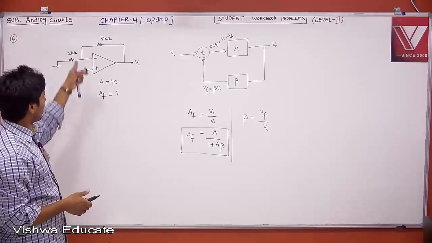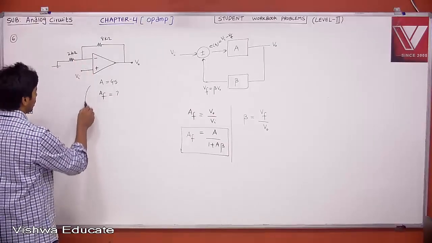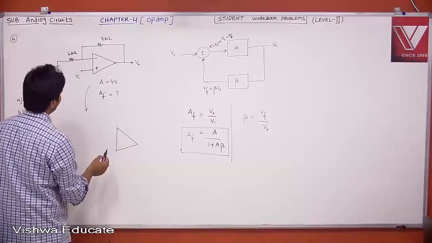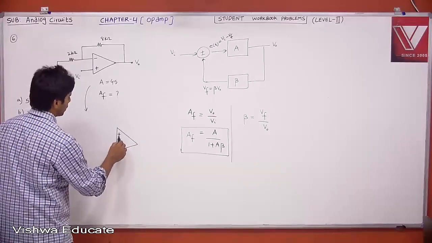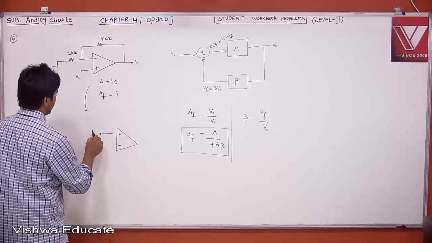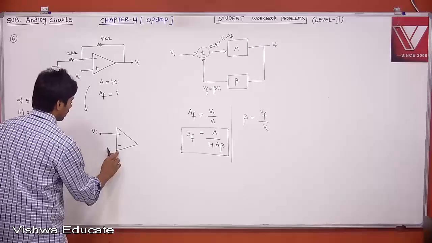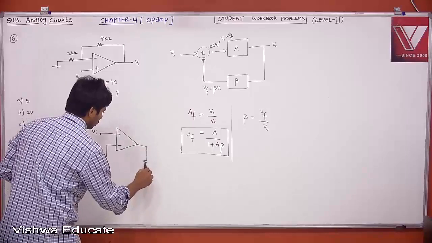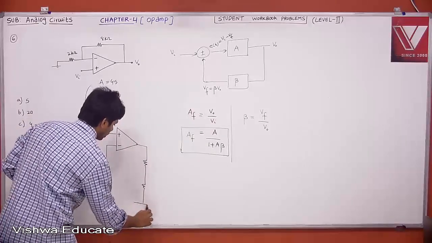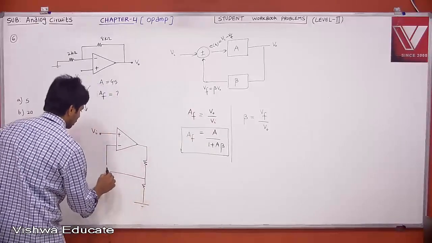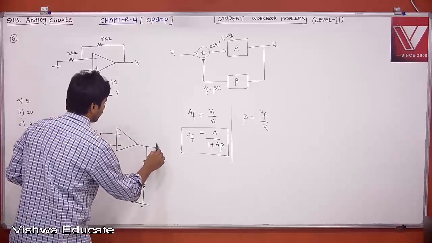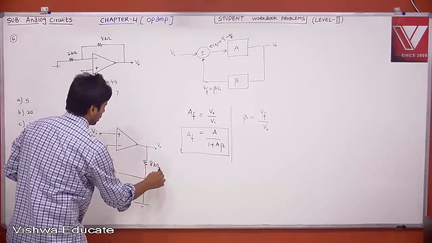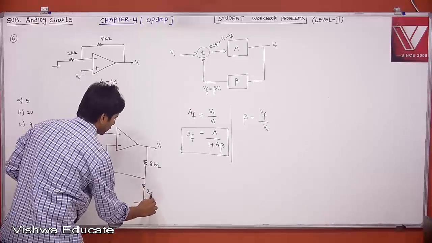Okay. Now, can I write the circuit something like this equivalently to find beta? This is your op amp. Let us say this is your plus and then minus, this is your Vi. If you observe clearly, this is nothing but your beta network, and this is what is fed, and this is your V0, and this is your 8K, and this is 2K.